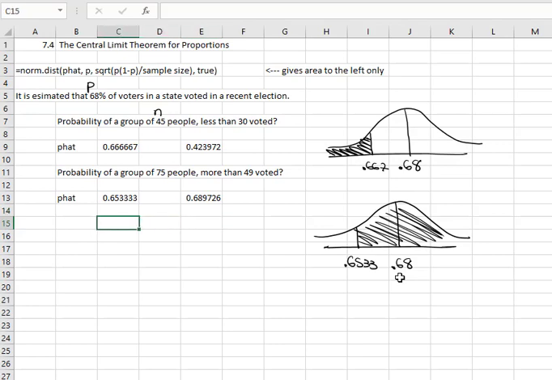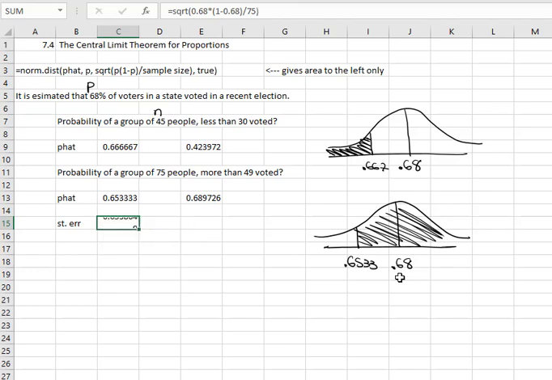Now some students prefer to calculate the standard error separately and then use the standard error in the formula, and that works just as well. Let's calculate the standard error and try that. For the standard error formula with proportions, we can say equals SQRT, open a parentheses, 68% is the population proportion, so 0.68, times 1 minus 0.68 in parentheses, divided by the sample size of 75.